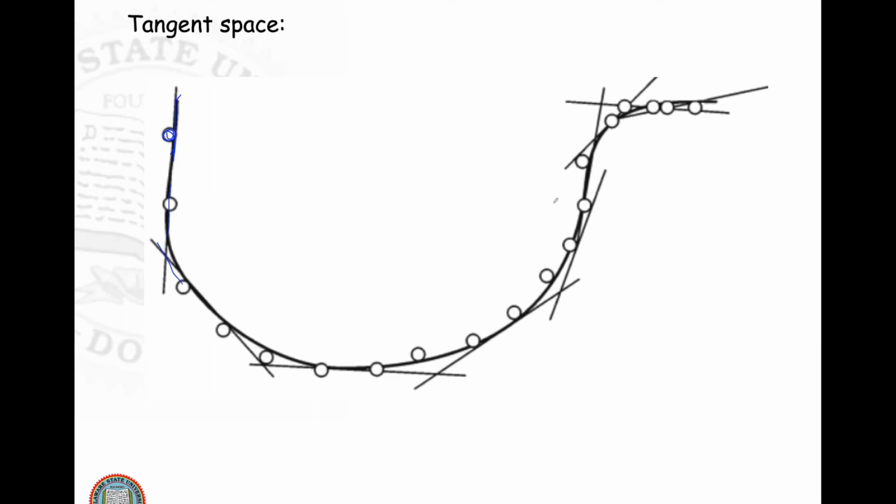If you look at the collection of tangent lines, they each have an angle, and they have associated with them a point on the manifold. And the collection of all the tangent vectors together describes the shape of this manifold. And this construction has a name. It's called the tangent space. It's a tangent space of this manifold.